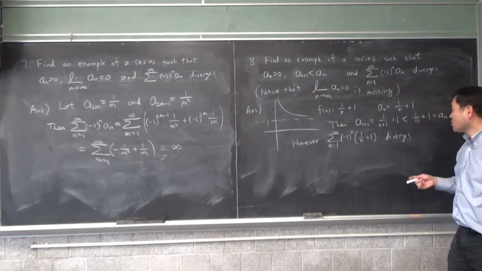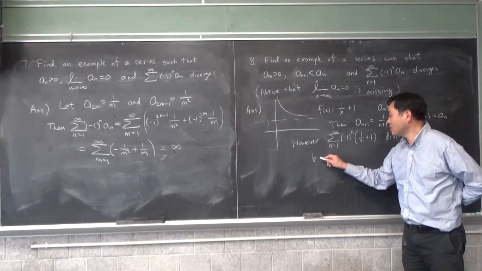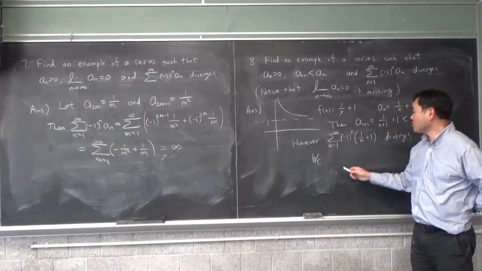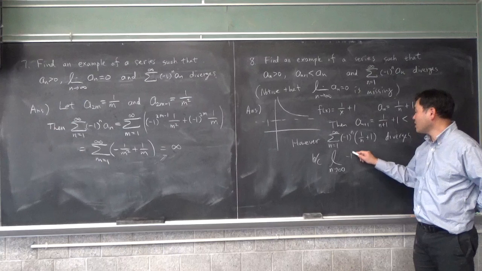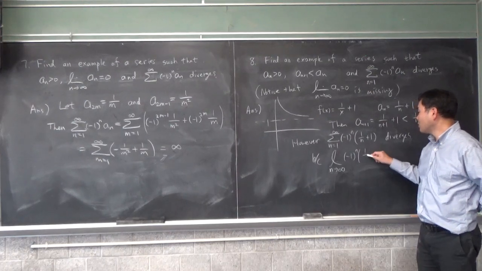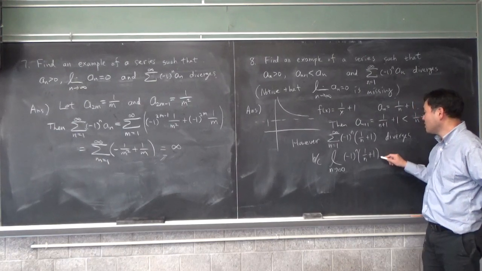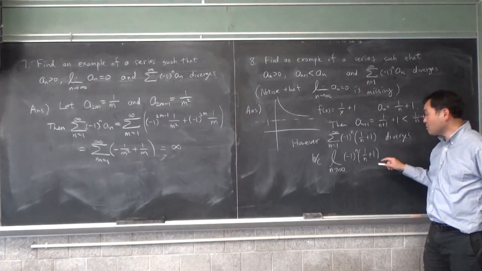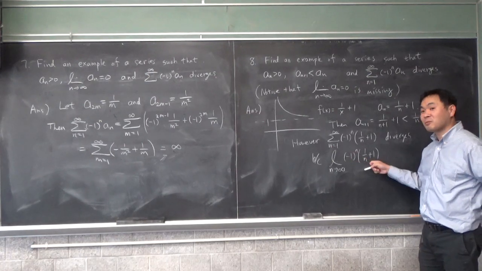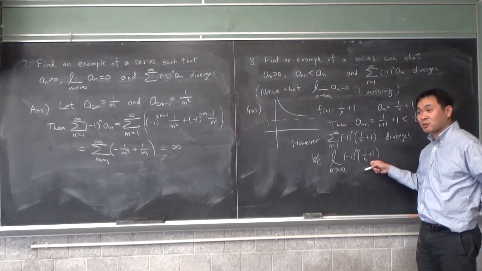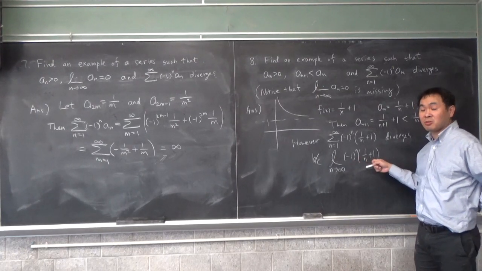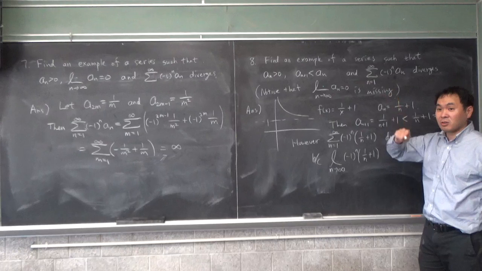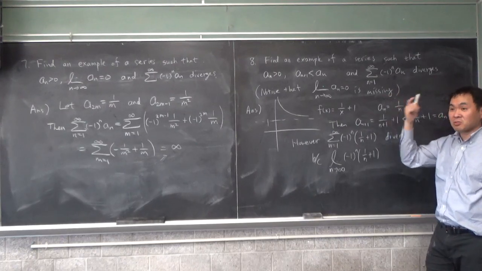Okay. So because of the nth term test, if you take limit n going to infinity of negative 1 to the nth power 1 over n plus 1, this doesn't converge because every even term goes to positive 1 as your limit, but the odd terms go to negative 1 as your limit, so your limits are different for even terms and odd terms.